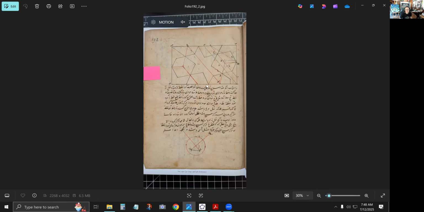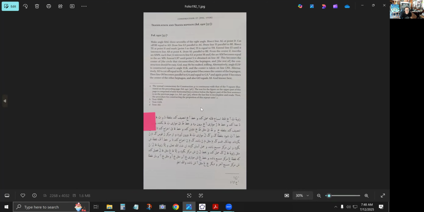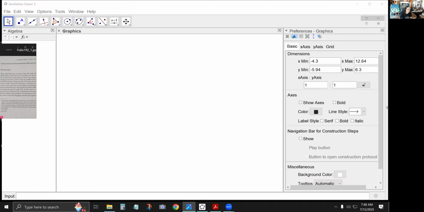And here is the pattern on Folio 192 of the Anonymous Persian Compendium, and we are going to follow this translation of that text until it says the rest is easy, God willing, and then I'm going to make it up from there. So let's get started.